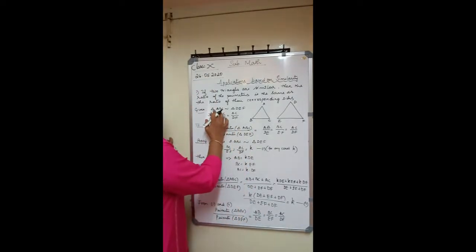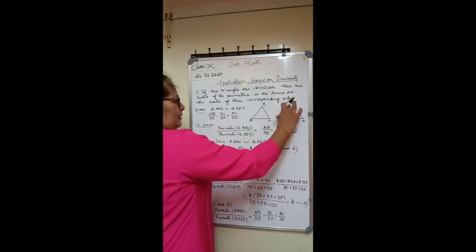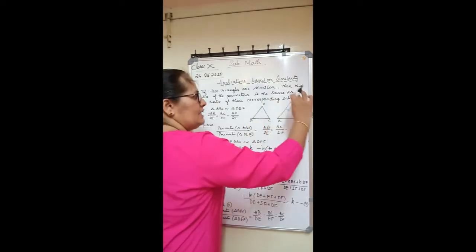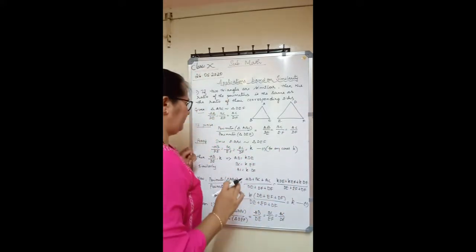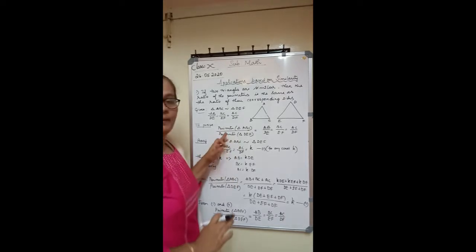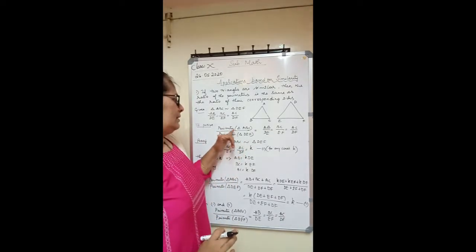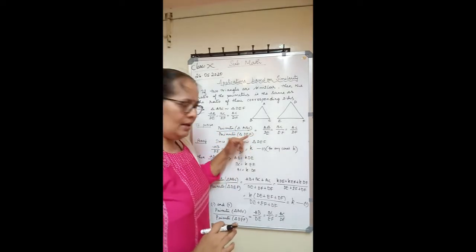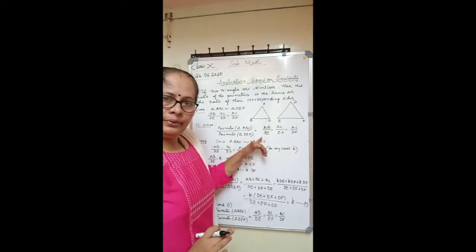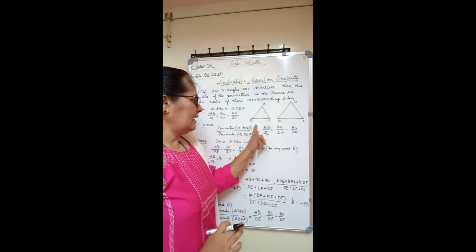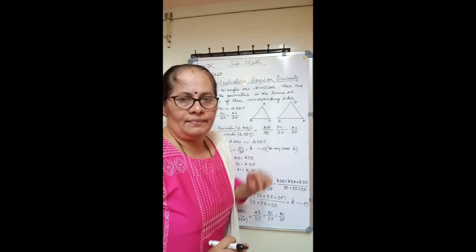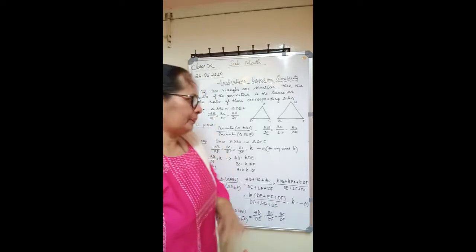So you'll get AB proportional to DE, BC proportional to EF and AC proportional to DF. Now you have to prove that the perimeter of triangle ABC to the perimeter of triangle DEF is equal to AB by DE, BC by EF, AC by DF. This you are going to prove now.